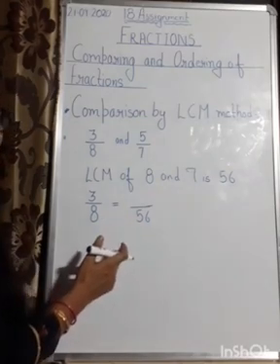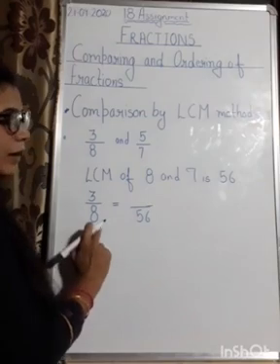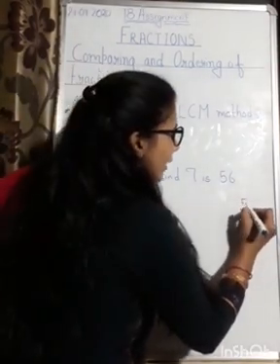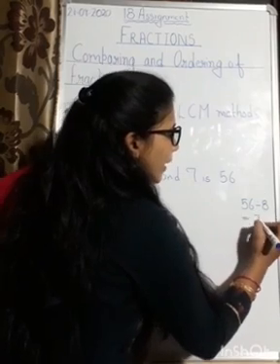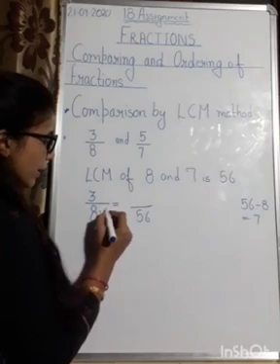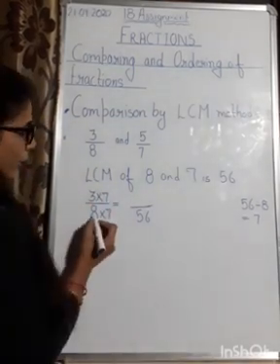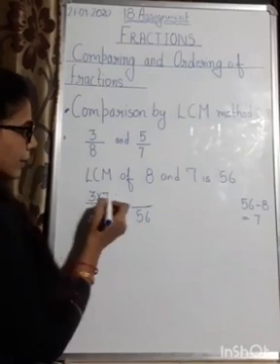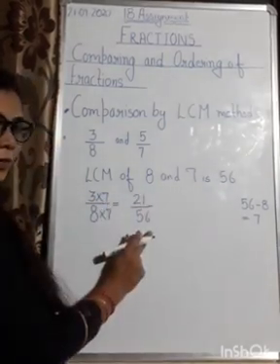By dividing the bigger denominator by the smaller one. Divide 56 by 8 and you get 7. It means you have to multiply both the numerator as well as the denominator with 7. Clear? Now 8 sevens are 56 and 3 sevens are 21. This is your first equivalent fraction.